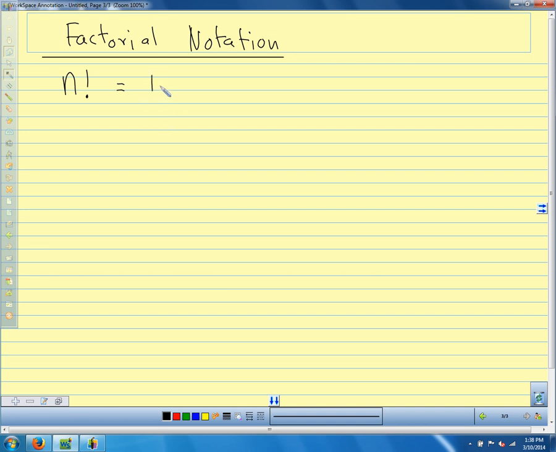So this is going to be 1 times 2 times 3 times ... up to n minus 1 times n. So every number between 1 and n multiplied together. Factorials are only defined for n as a positive number. Factorials aren't defined for negative numbers. And by definition, 0 factorial is 1. In order for everything to work out the way we need it to, 0 factorial has to be 1.